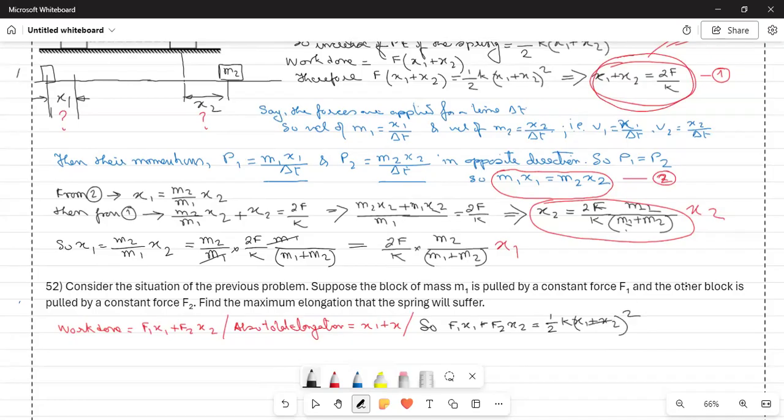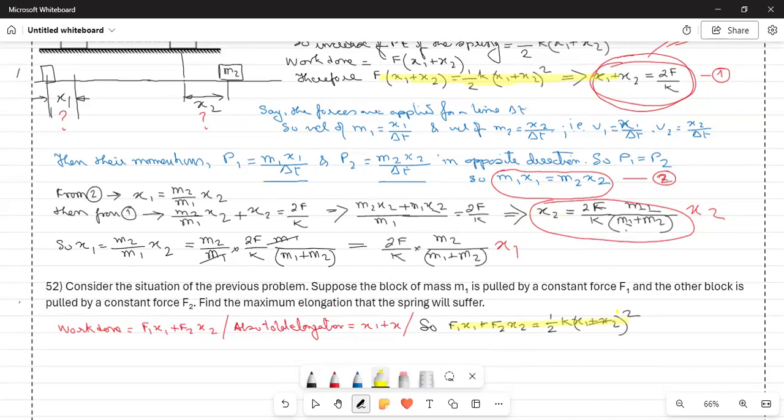So earlier this was the equation: F(x1 plus x2) equal to half k (x1 plus x2) whole square. Now the equation is a different equation: F1 x1 plus F2 x2 equal to half k (x1 plus x2) whole square. This is the only difference.